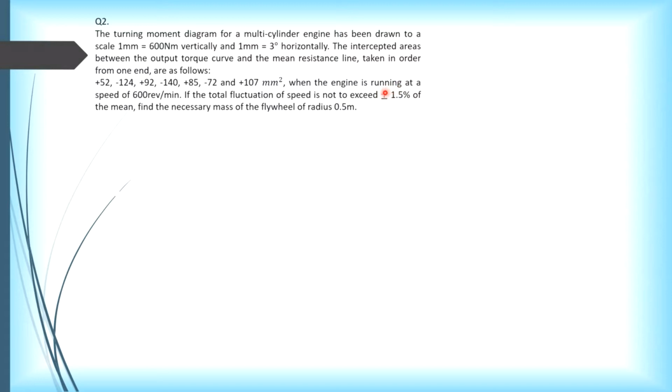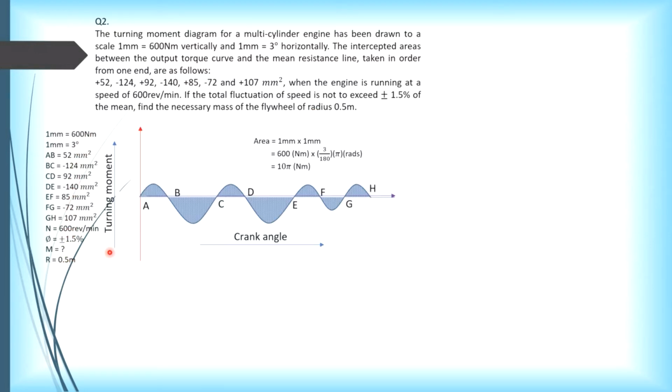From this, you can find the coefficient of fluctuation of speed. Then the question asks us to find the necessary mass of the flywheel of radius, meaning radius of gyration, 0.5 meter. So these are the given data.